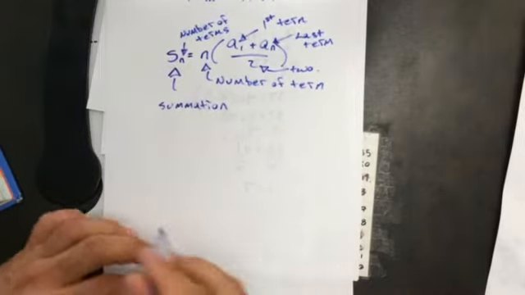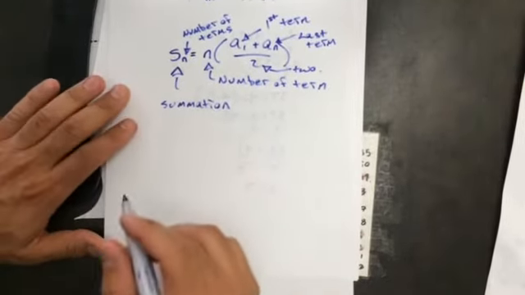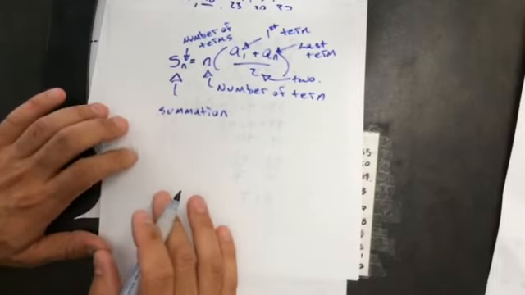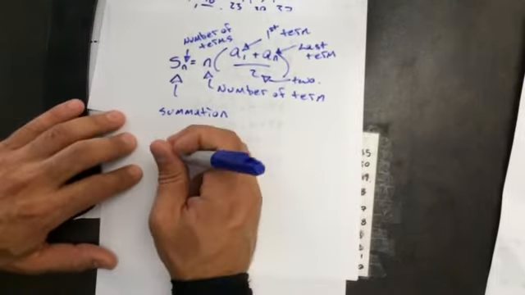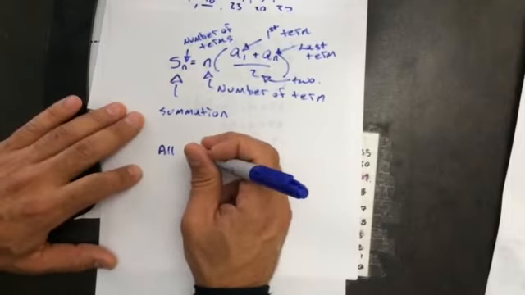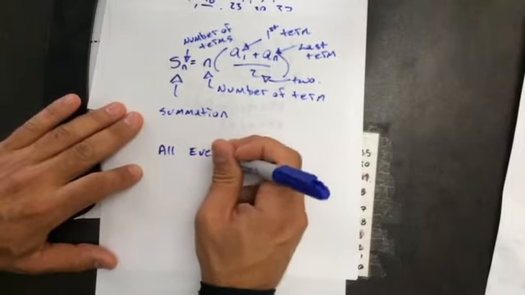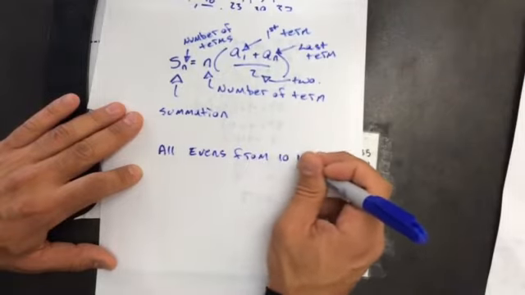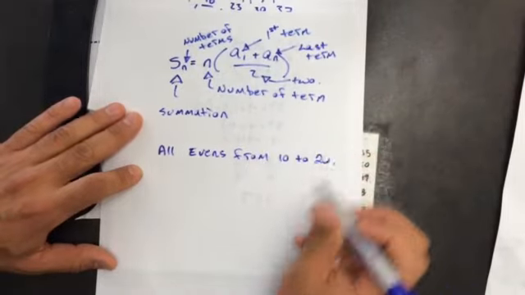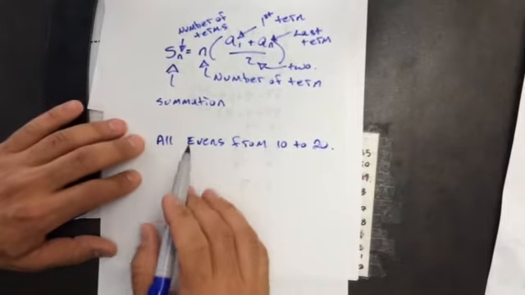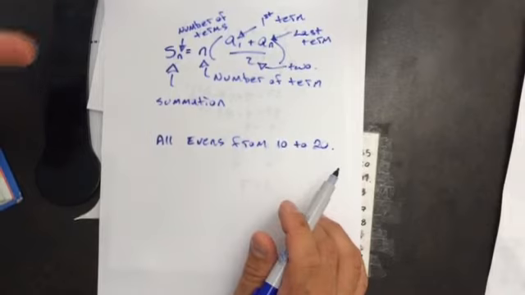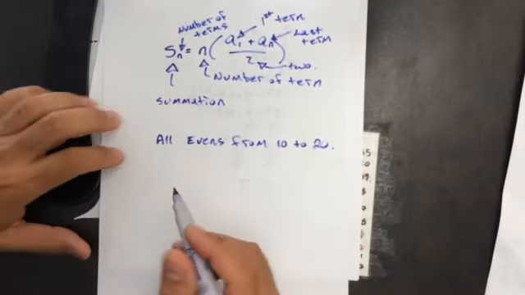Okay, so let's say that I was going to use the one that was on our quiz. The quiz said the summation of all even integers from 10 to 20. All evens from 10 to 20. Okay, well, from 10 to 20, how many terms? 10, 12, 14, 16, 18, 20. So there's 6 terms.